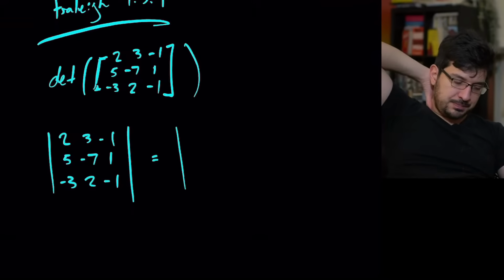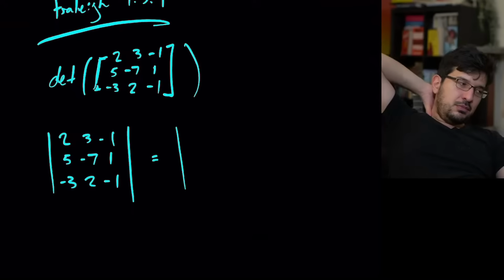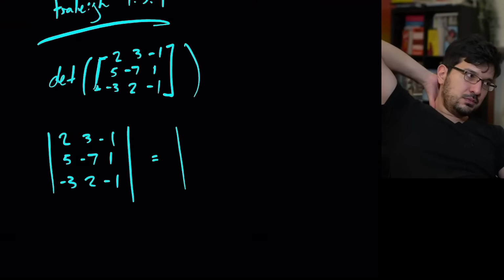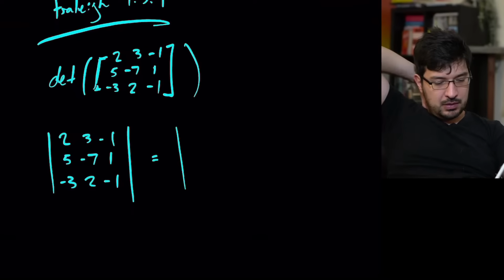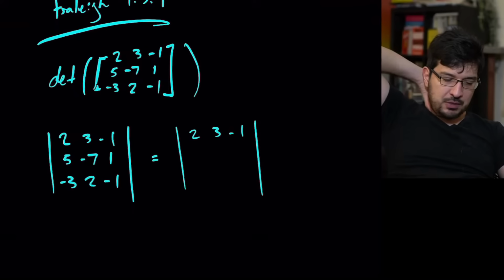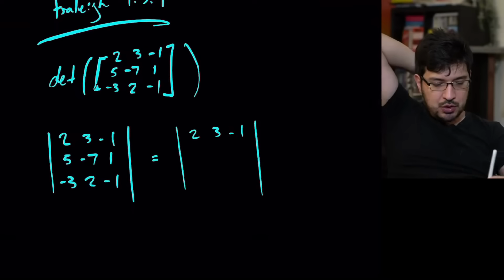Okay, so how exactly does this work? So what I can do is, 2, 3, -1, I'm going to keep that first row the same. On the second row, I'm going to subtract 2 copies of the first row.